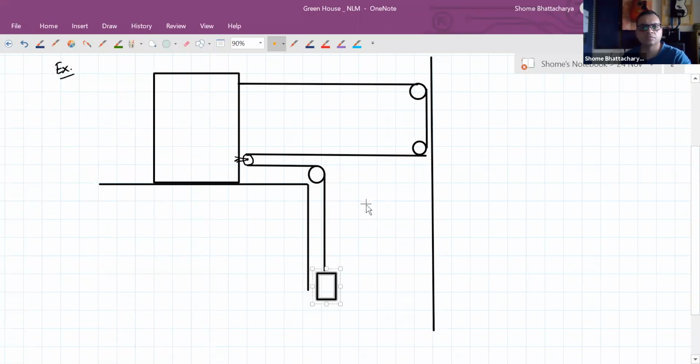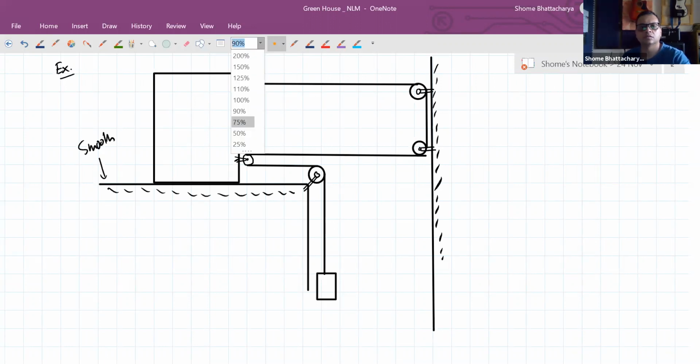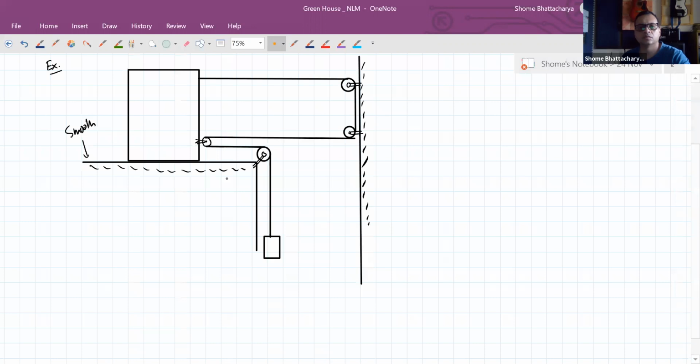We have a light thread going around a number of pulleys like this, and also connected to two blocks. All the surfaces are smooth here. So we have this situation.